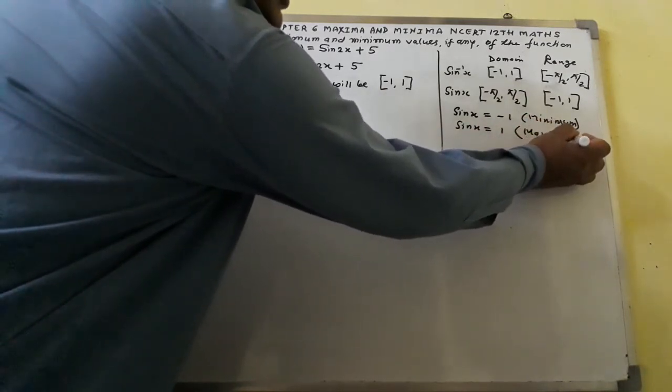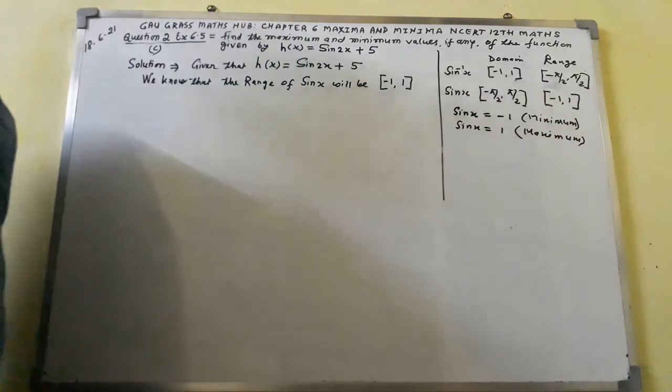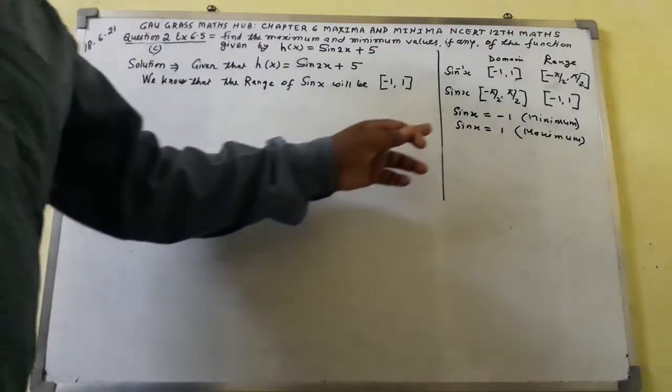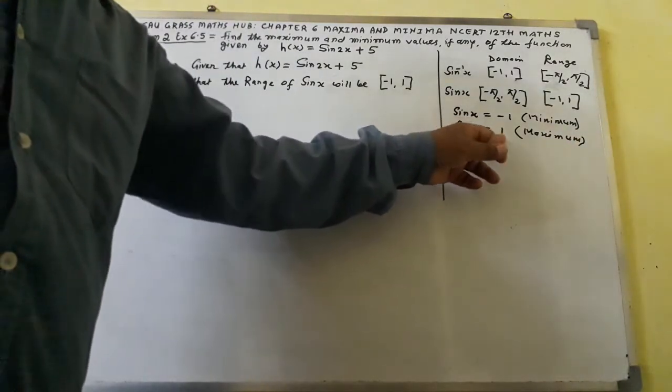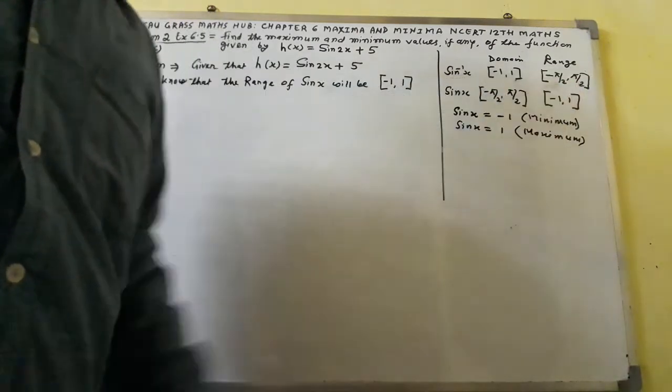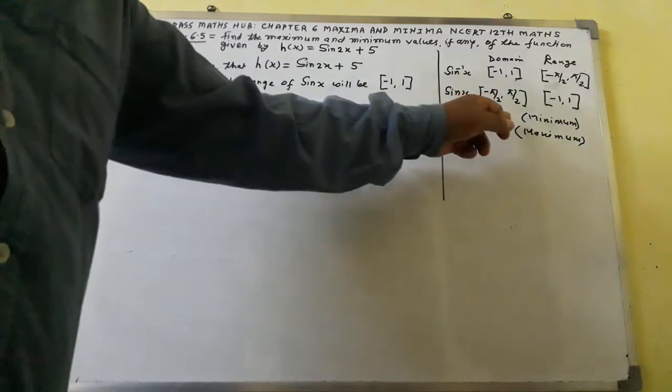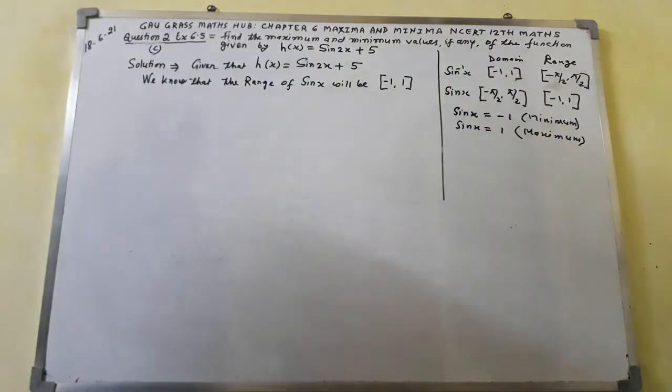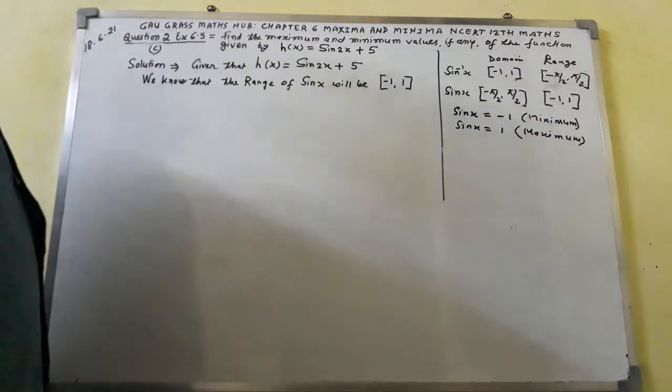You must remember this one, then this question will be fine. Sin x equal to 1 is the maximum, sin x equal to -1 is the minimum. This is the range.